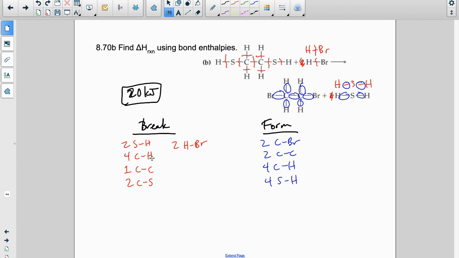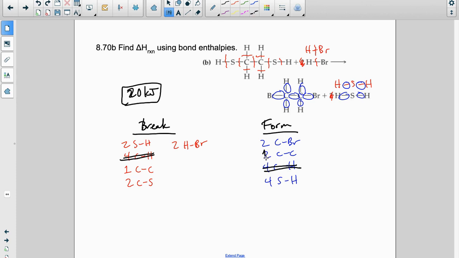So then looking at our list, which bonds are broken and then reformed? Well, those have not changed if that's the case. So I'm going to go ahead and cross out any bonds that appear to be broken and then formed. So my 4 CH, we don't have to break those because they're going to get reformed here. All right.